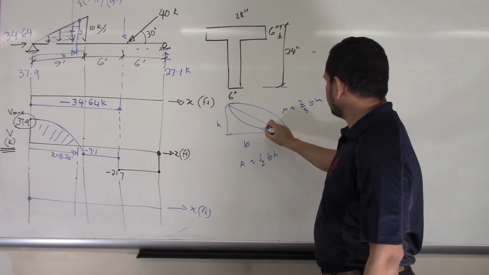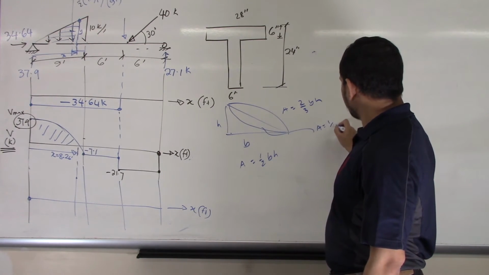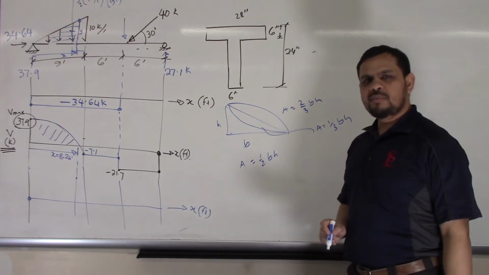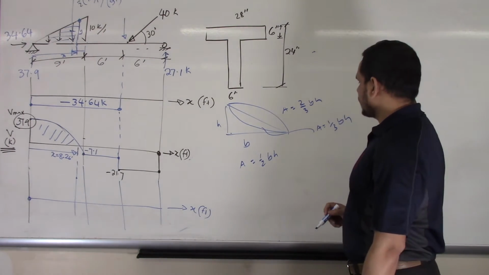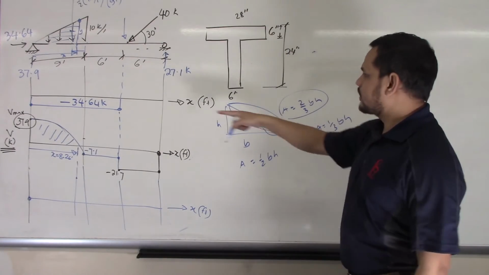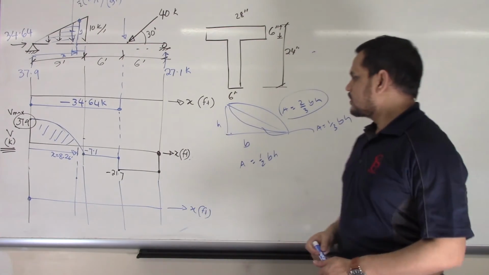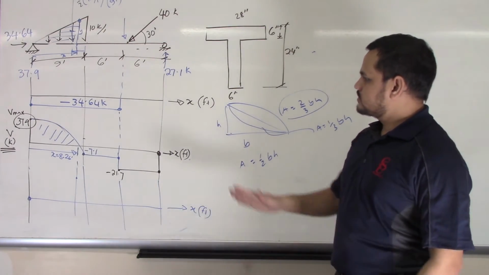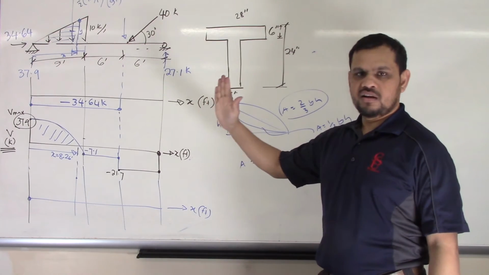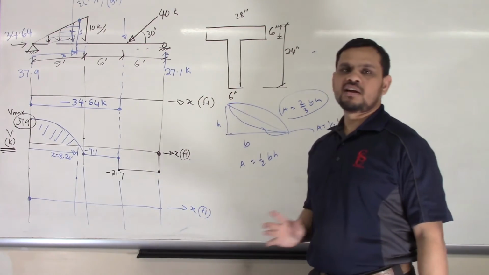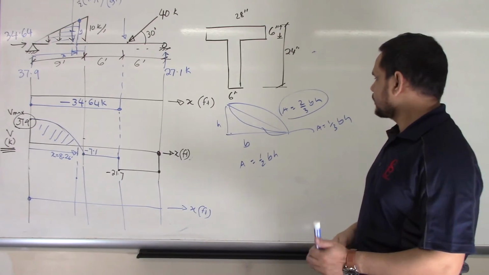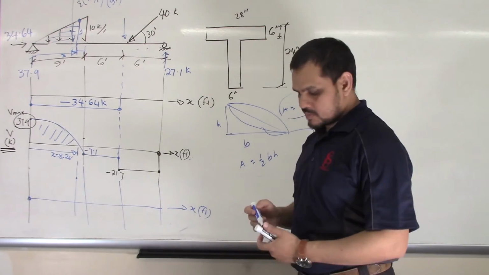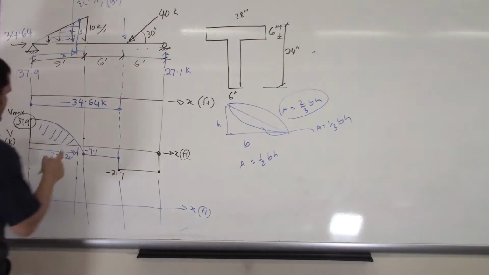If it is this shape, the area is 1/3 PH. Now this is an approximation. We can use it for our case, but if we want to be precise, we should cut here and find the internal maximum moment. We can do that also. So let us see what my maximum moment is here.